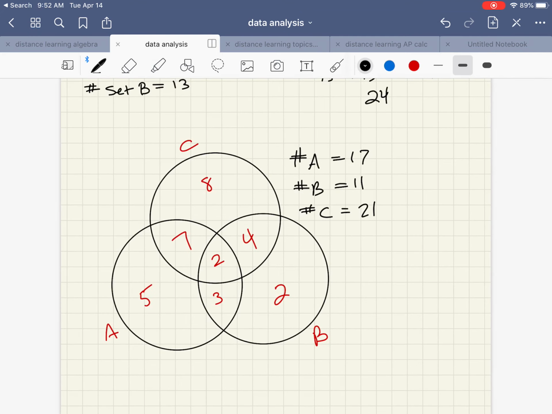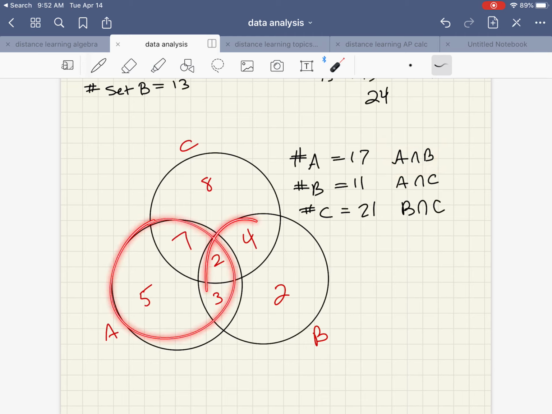And then we have some overlaps to take care of, quite a few. We have A intersect B, we have A intersect C, and we have B intersect C. So let's look at A intersect B. Here's A, here's B. The overlap would be this region here.